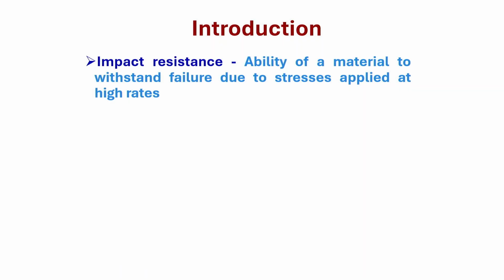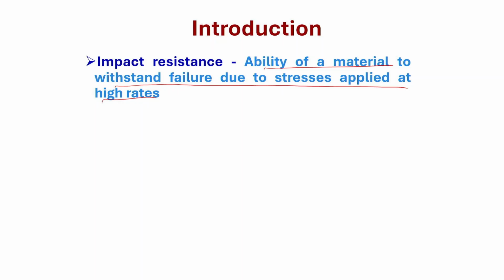Now, the basic requirement here is the impact resistance in any ballistic protection. So, we need impact resistance, the ability to withstand the failure due to stress applied at high rate, that is the impact. When the stress is applied at high rate, that material has to withstand.